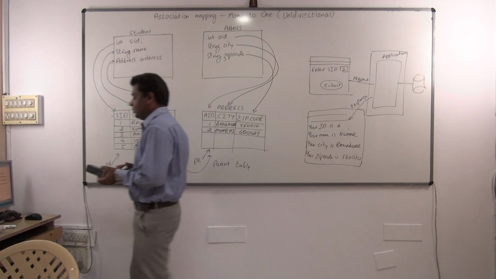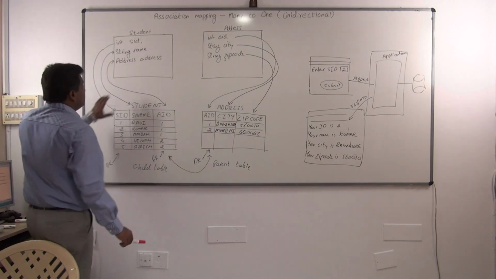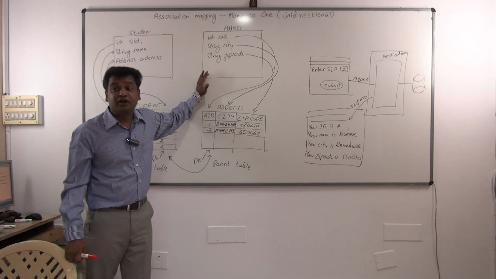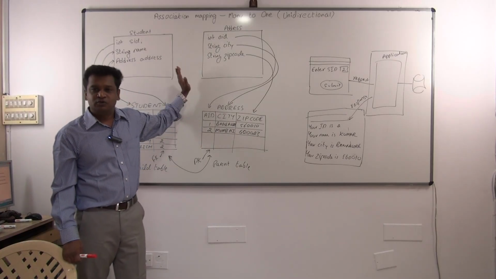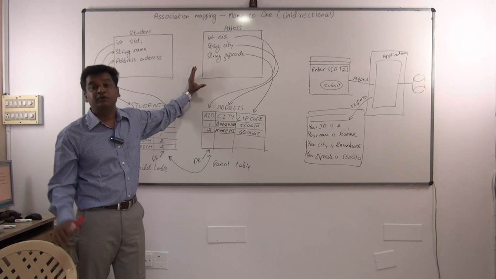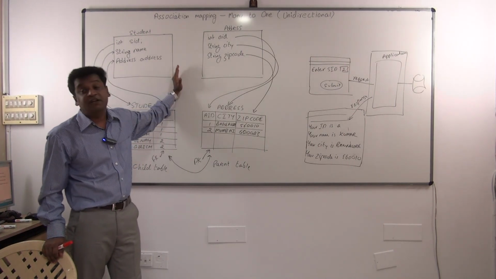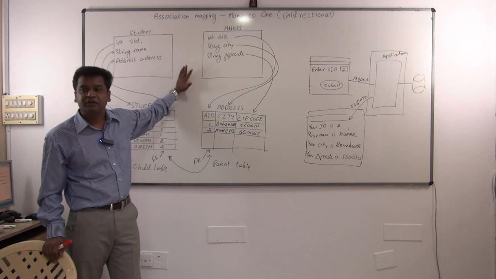And finally, what you have to understand is that student has complete information about address, but address does not have any information about student. If you have the address object, you will never get the information about student. But if you have the student object, you will definitely get the information about address.